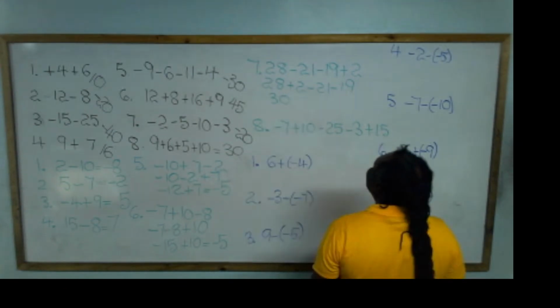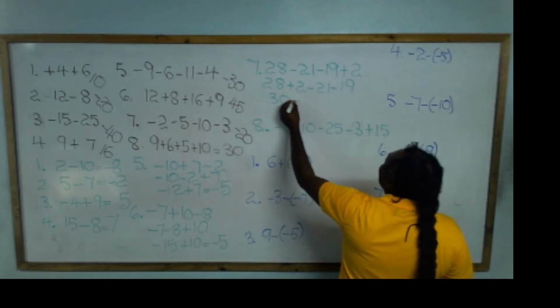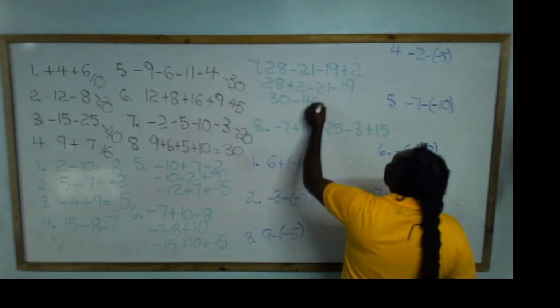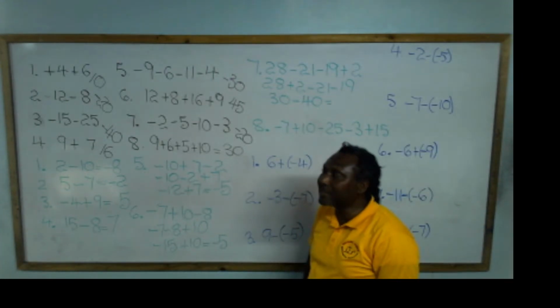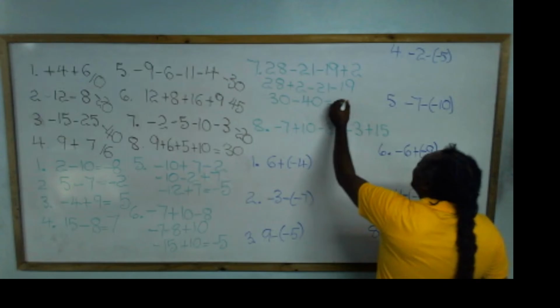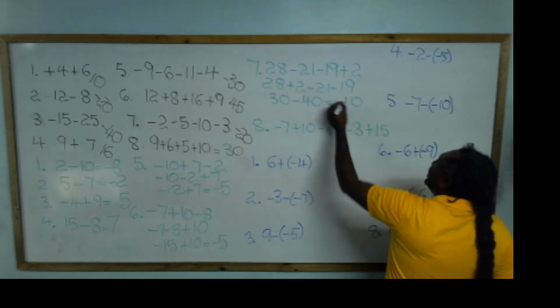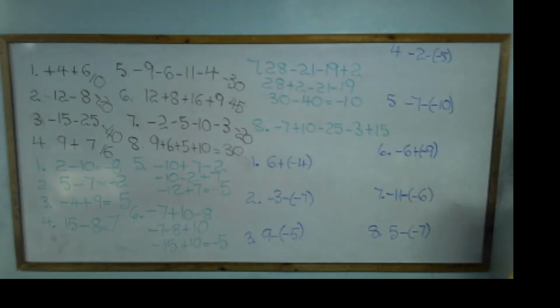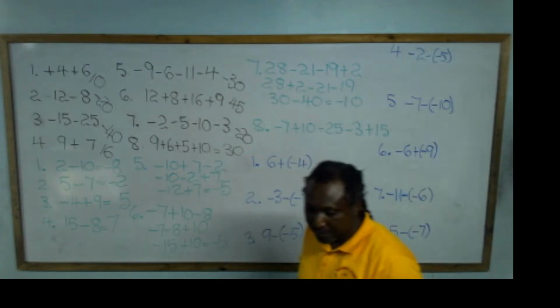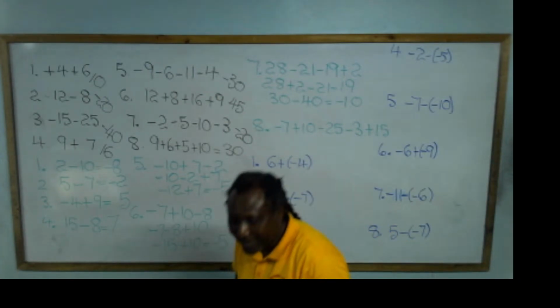And the negative 21 with the negative 19 will give me a negative 40. They have different signs now, so I subtract. And the answer will take the same sign as the larger one. Lovely.